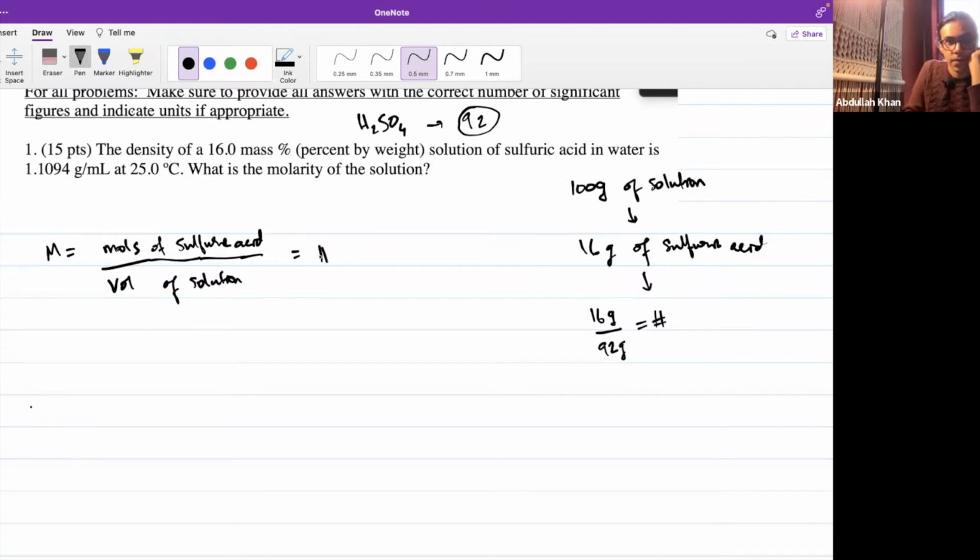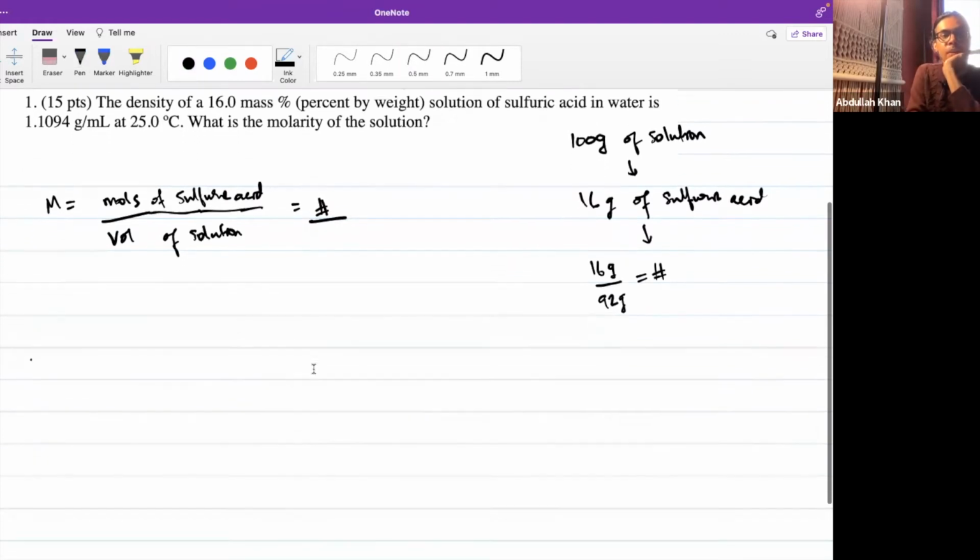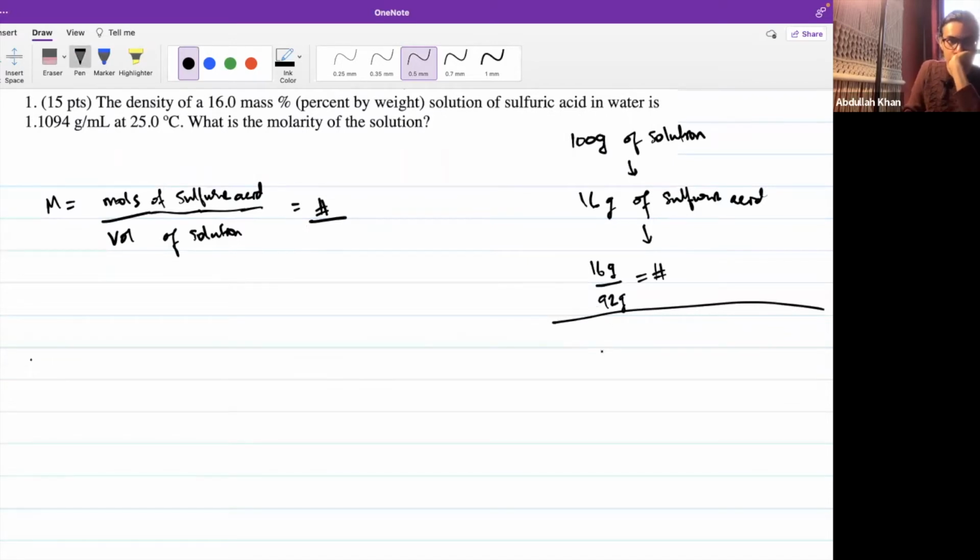That goes up here. Great. Now, how do I figure out the volume of my solution?